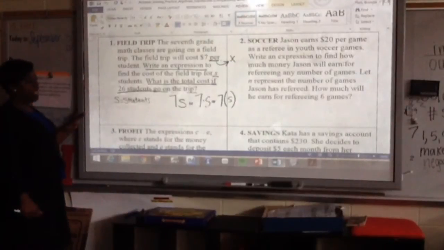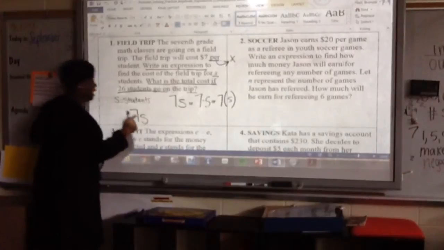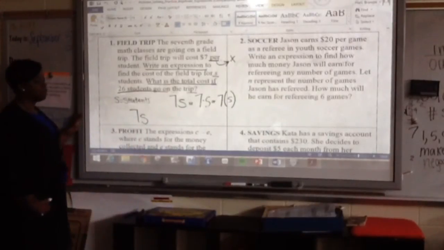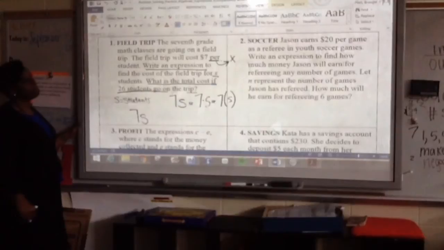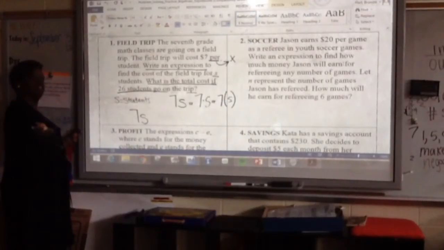The second question asks us, what is the total cost if 26 students are going on a trip? Now, how do I solve this expression with that 26? What am I going to do with the 26 and the S? Before I multiply, there's a word for that. You're going to switch them out. What is it called in a basketball game if I'm sending in a substitute?